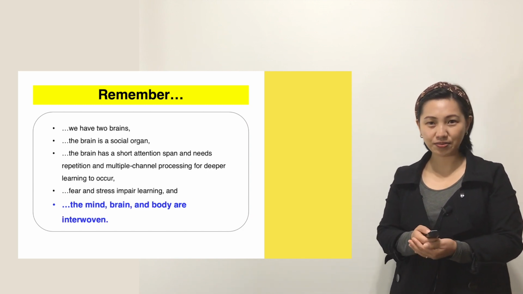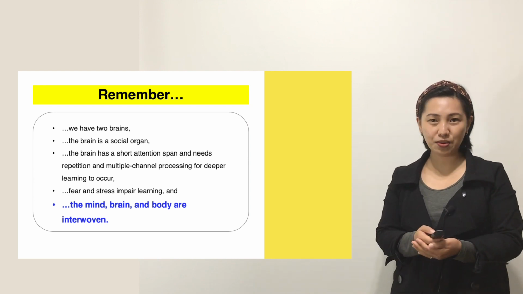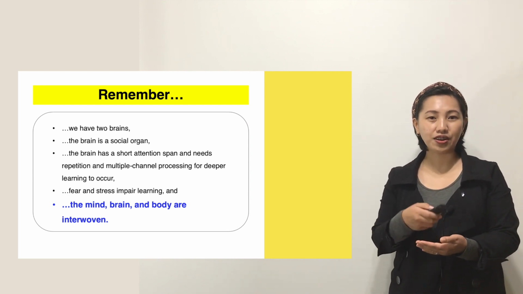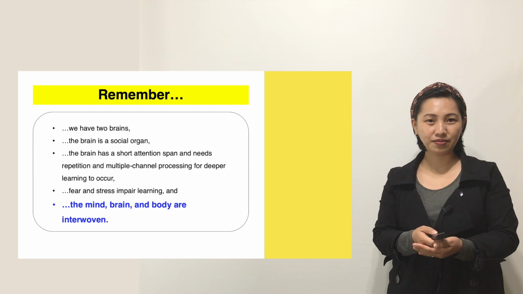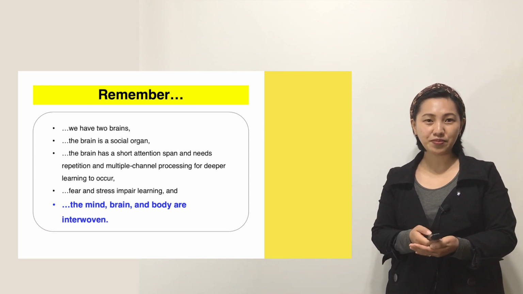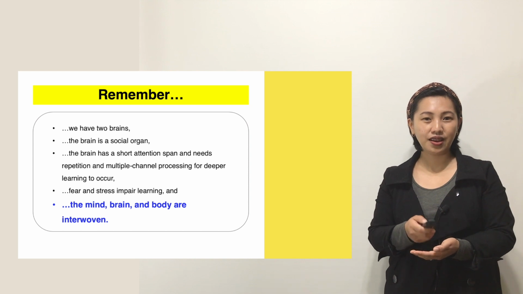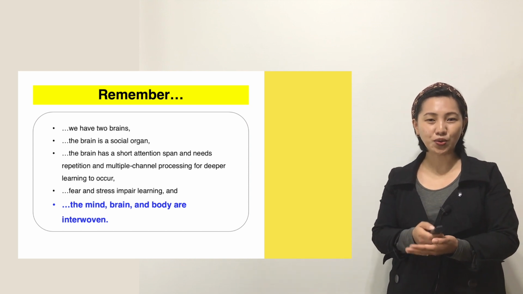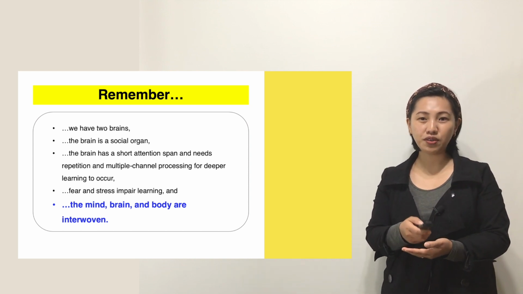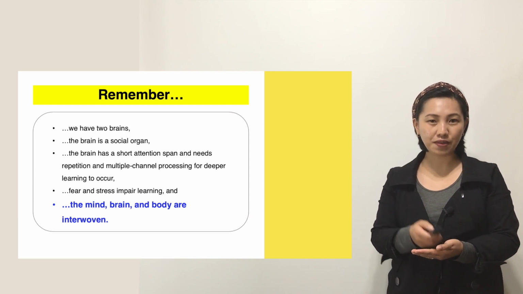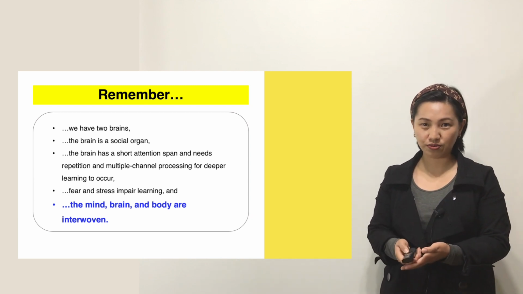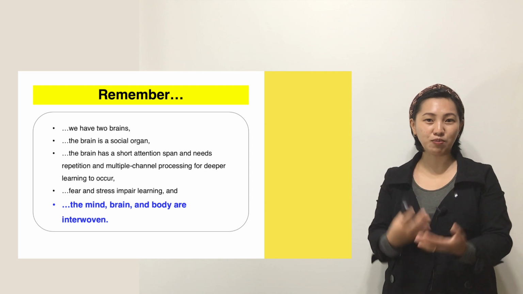Last on the list, the mind, the brain, and body are interwoven, meaning they are connected to each other. That means what goes on in one of the three will have an effect on the other two. Learning is mind-body, right?